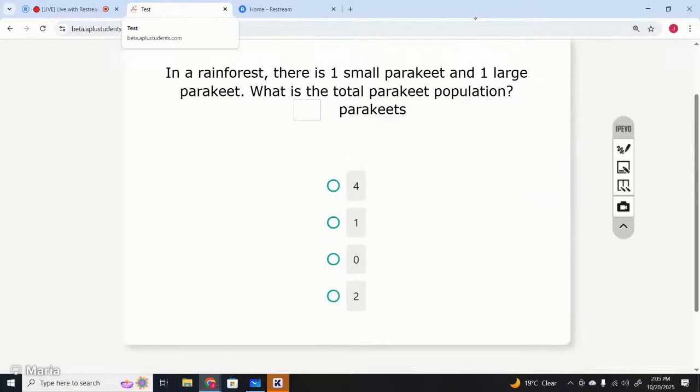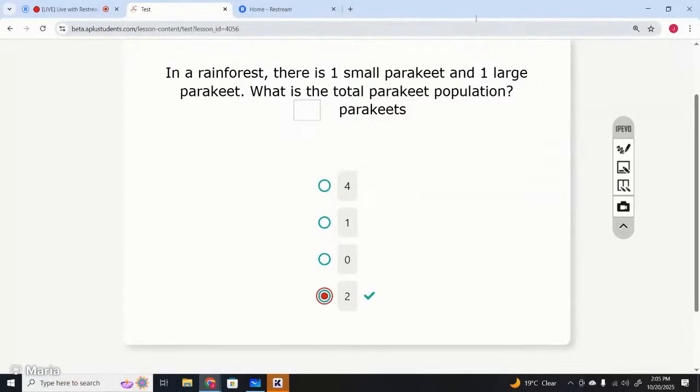So, which is the correct option? So, one small and one large, right? So, 1 plus 1 makes 2. It is option number 4 that is the correct option.